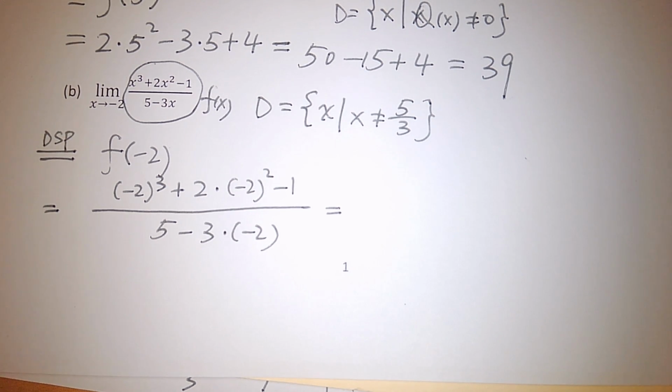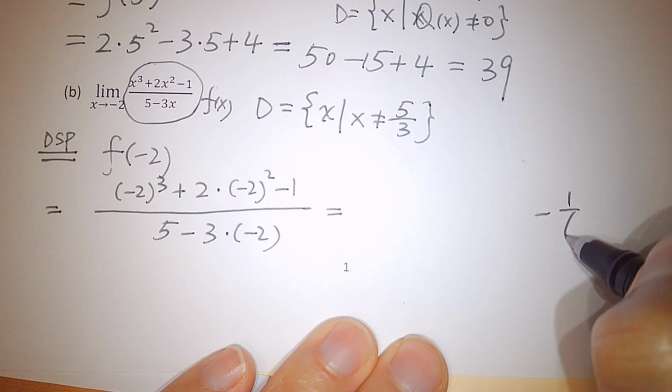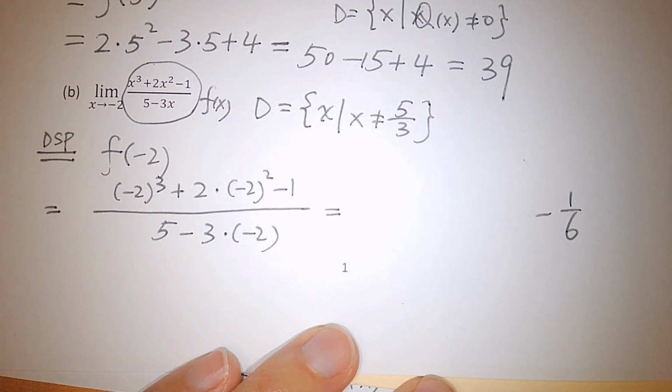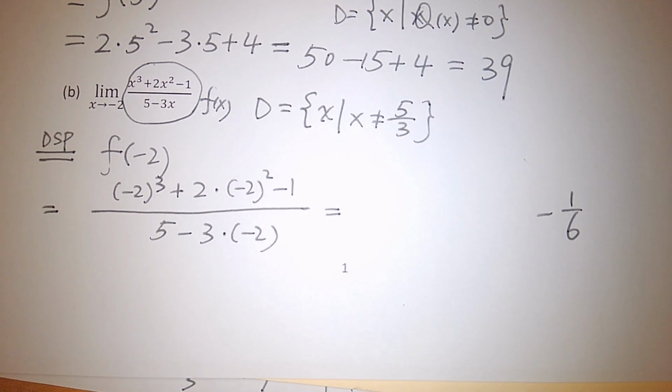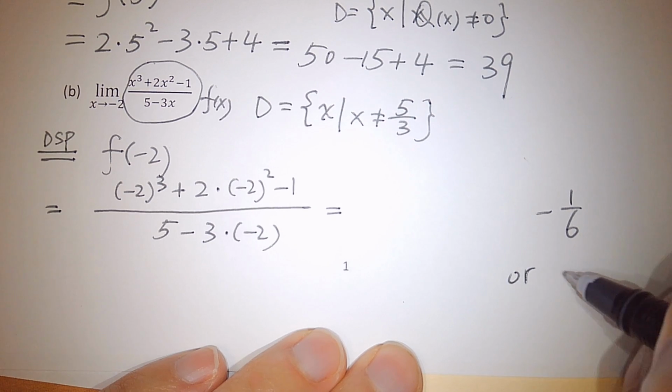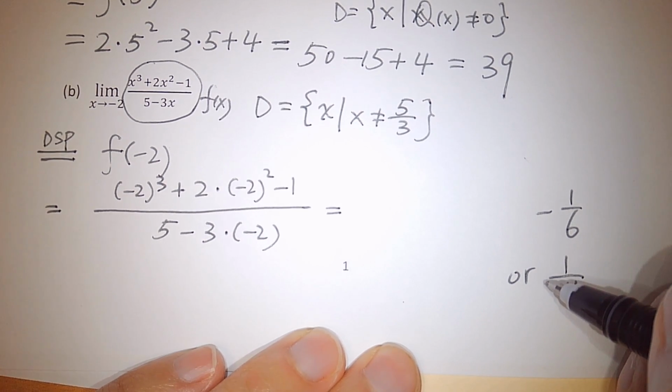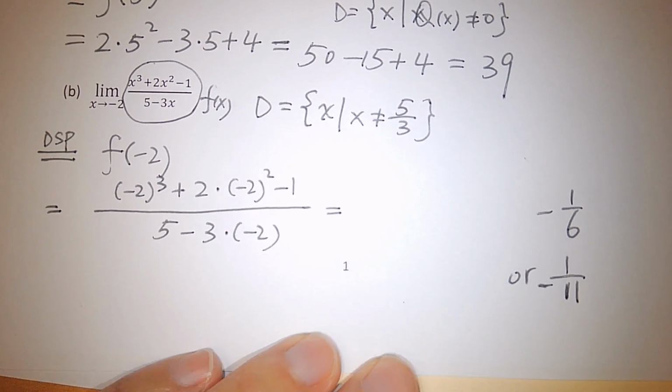What do you get? -1/6? I think so. You might want to factor it out or something. Everybody, do you agree with -1/6? Or do you have a different answer? What do you get? -1/11? That's right, yeah. -1/11. That's right.